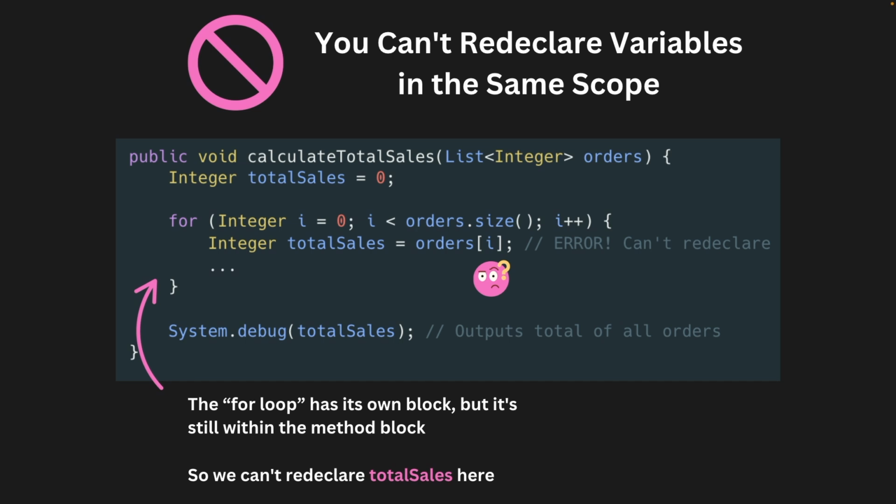What this means is you also can't redeclare variables in the same scope. So the for loop here has its own block, but it's still within the method block. So I can't have two variables in here, one called total sales at the method level and another inside of the for loop, I should say, also called total sales. Even by reading this, how would I be able to tell which one I'm referencing? So we can't really redeclare these variables within the same scope.